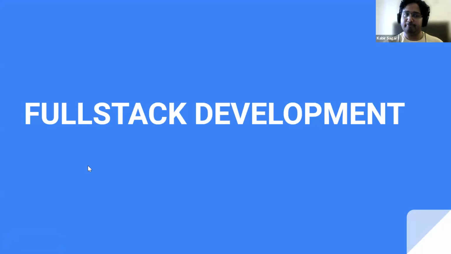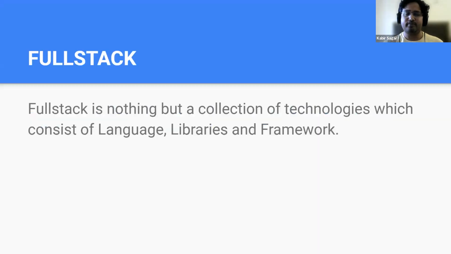Before we understand what full stack development is, first of all, we have to understand the meaning of this term full stack. Different people use this term in different contexts, but let's try to understand generally what we mean by full stack. Basically, full stack is nothing but a collection of technologies, or a set of technologies.